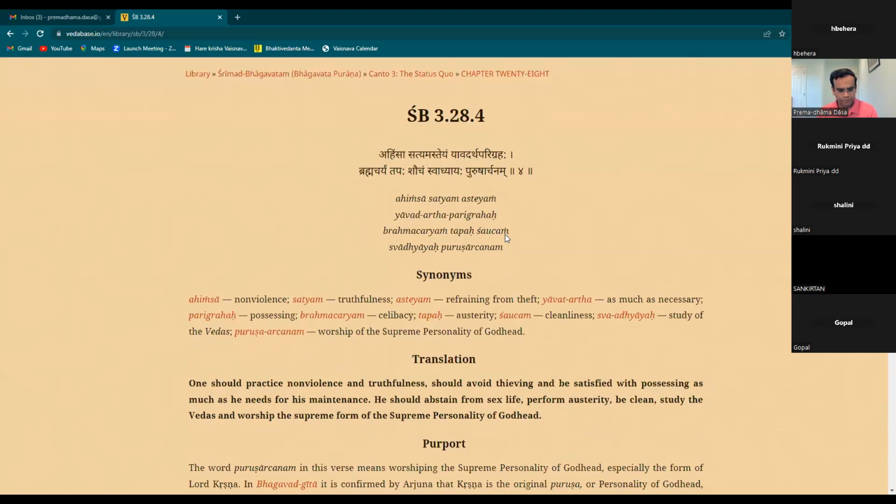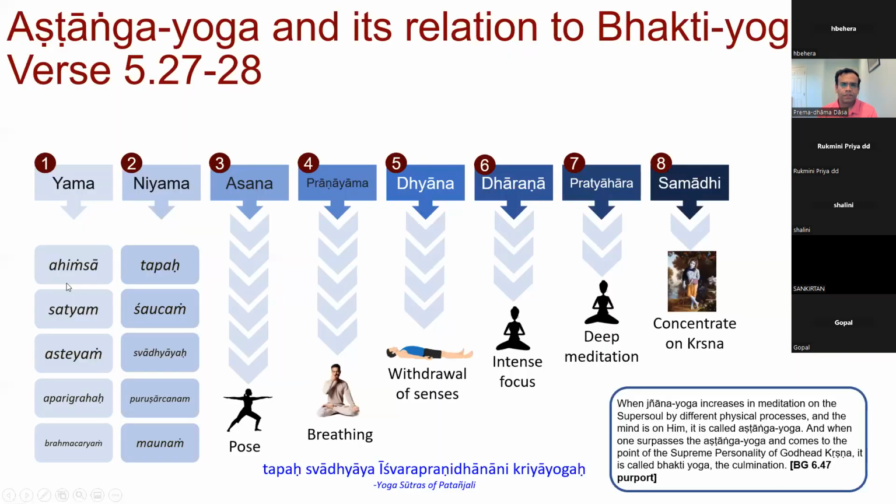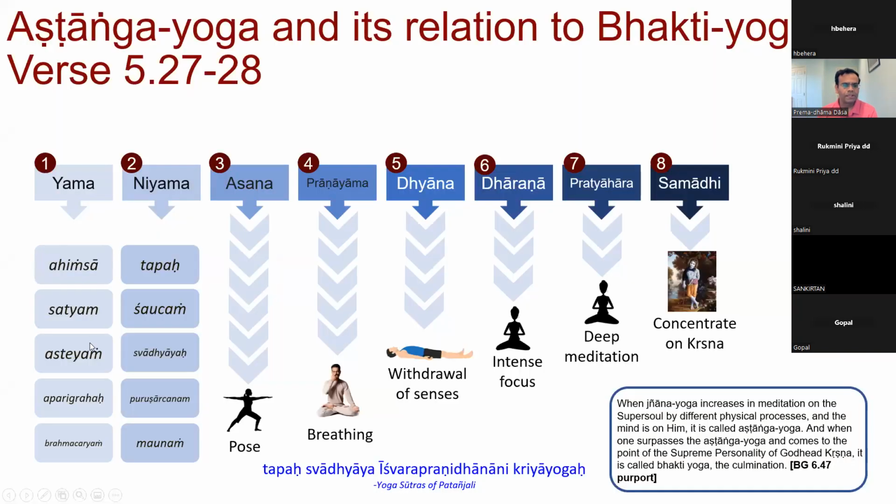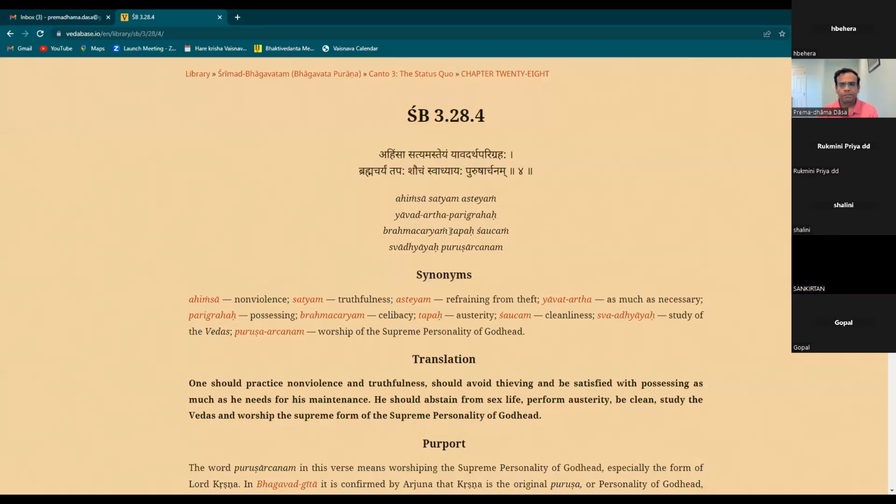The Yama section is being described here: you should practice non-violence, truthfulness, avoid thieving, be satisfied with what you possess, and abstain from sex life. So Ahimsa, Satyam, Aparigraha, and Brahmacharyam. These are more external things. And internal is Niyama, what you observe: Tapa, Shaucham, Swadhyaya, Purusharchanam. Purusharchana means worship of the Supreme Personality of Godhead.